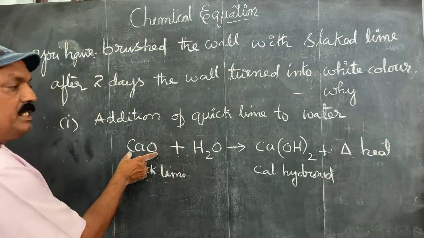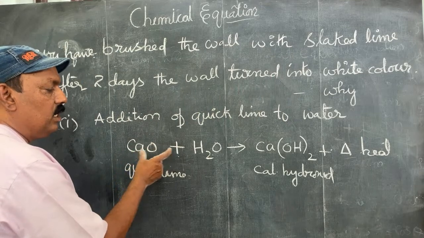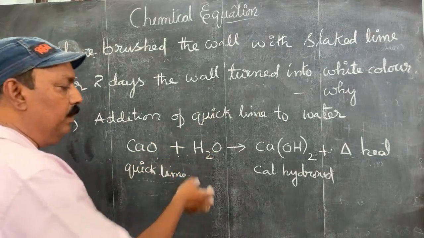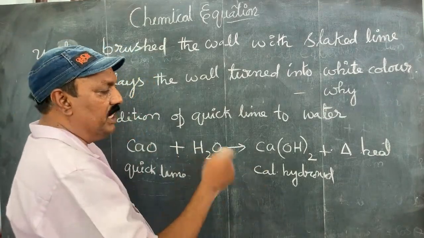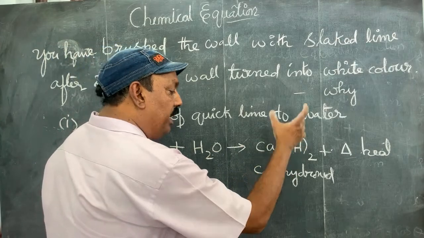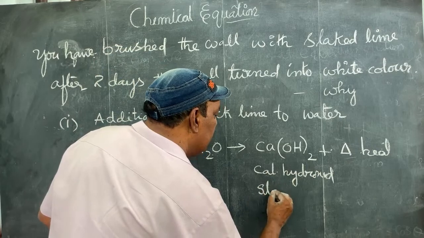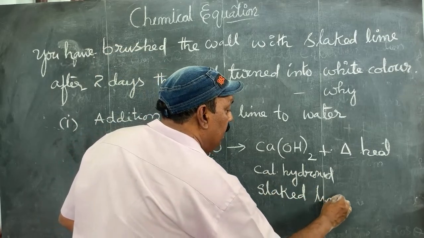This CaO is nothing but quicklime. We add water in a glass vessel and mix it using a stick or something else. We will get calcium hydroxide. This is called calcium hydroxide, or slaked lime. Another name for calcium hydroxide is slaked lime.